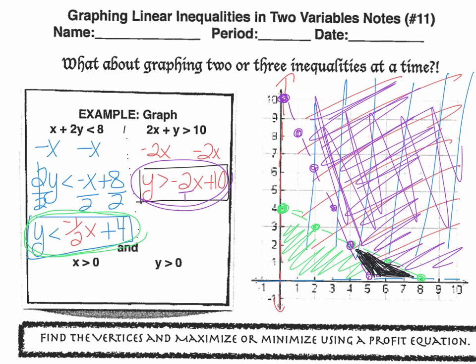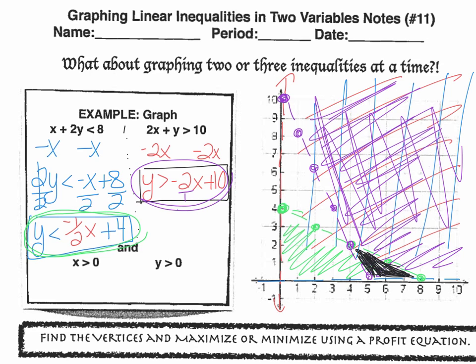Okay, so once you've determined where all of your shading is going to overlap, the next step is going to be identifying solution points. So let's take a look here and see what we actually have for solution points. So we have this little triangle that we talked about before, and the vertices are sort of the points that hold this shape together.